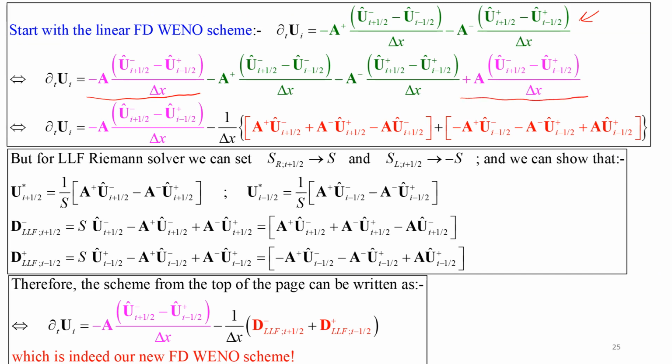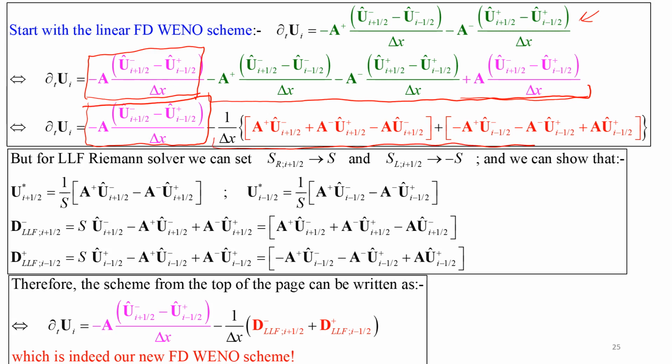Now I realize that this term that I've subtracted out here is exactly identical to the internal update term in our new scheme. So I go ahead and club all the remaining parts of this equation into parts that will look like my fluctuations. So that's what I do. So I have my update from the internal terms, and here's my update from the fluctuation terms.